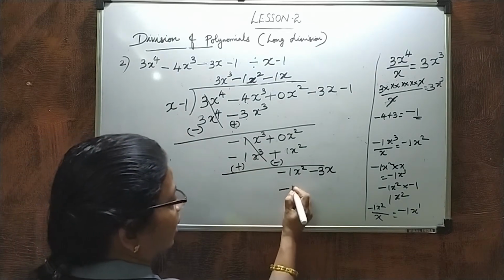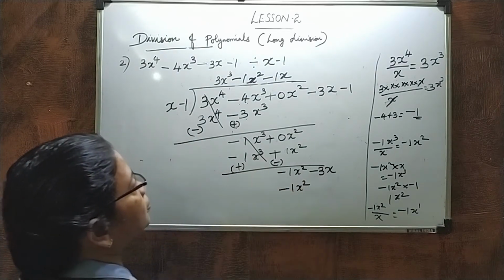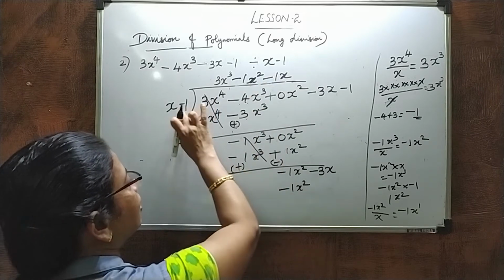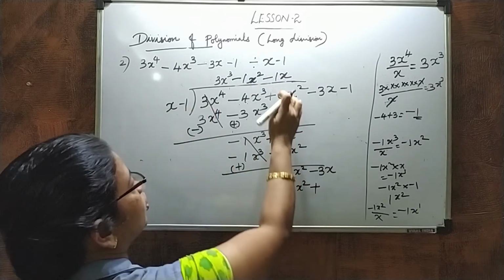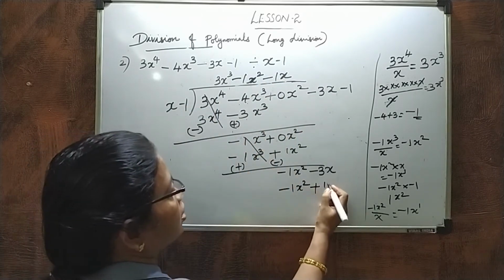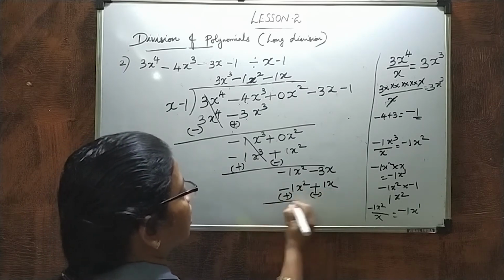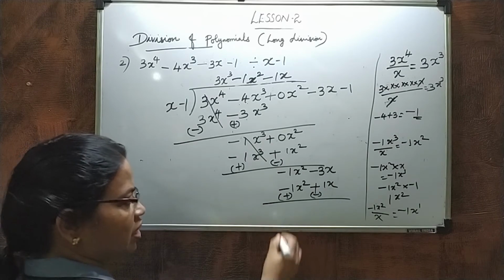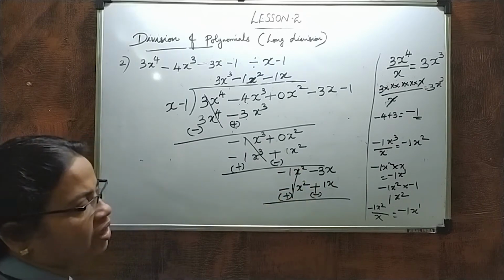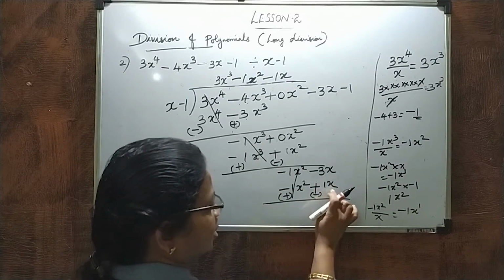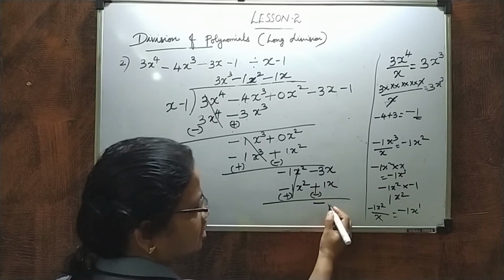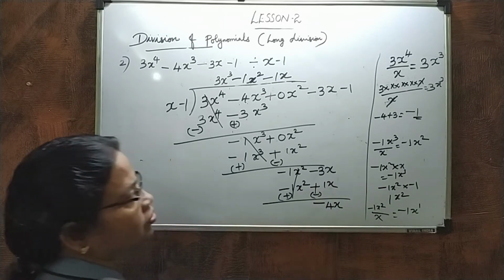It is negative 1x square. Negative into negative, positive, 1x into 1, 1x. Now here it is positive, here it is negative. Cancelling. Then negative 3x minus 1x, you will get the answer negative 4x.